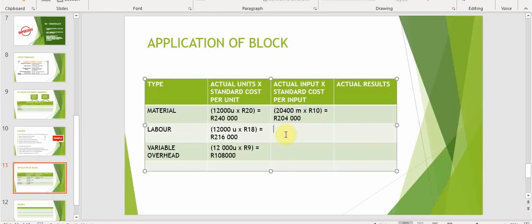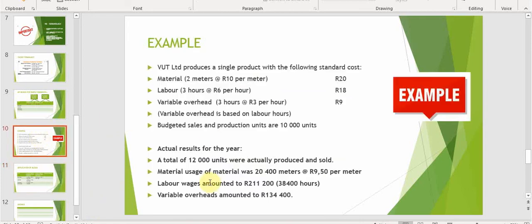For the labor, we need to go to the actual input. So I'm going to go back to my question. The actual input was 38,400 hours. What was the standard cost or the budgeted or planned cost for a labor hour? It was 6 Rand.